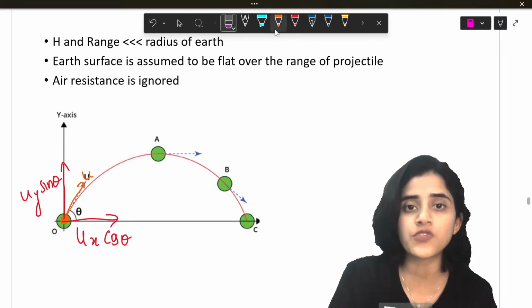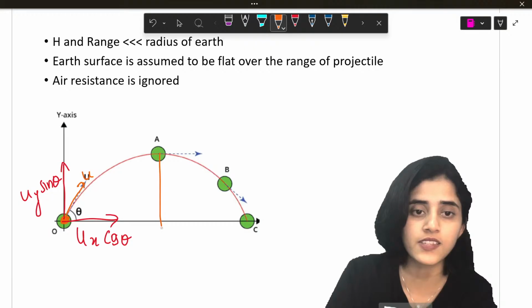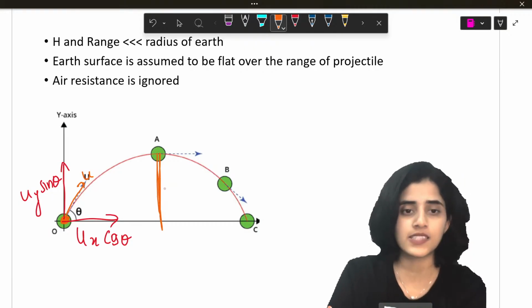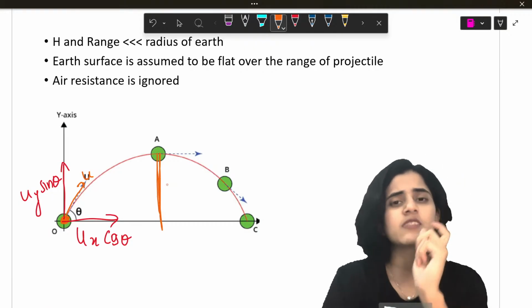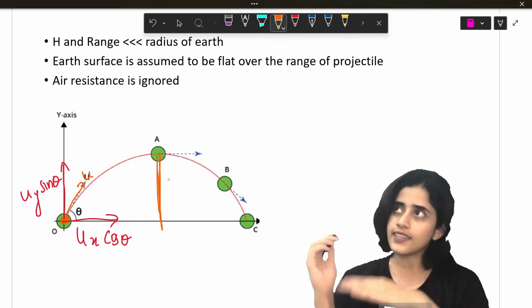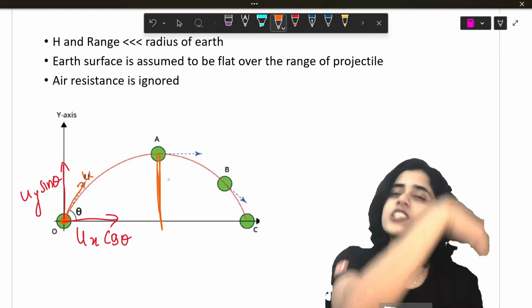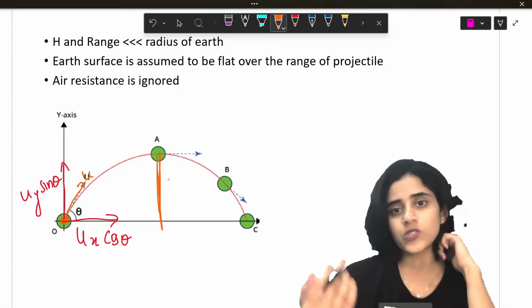Now, the height of the projectile. This is the maximum height, and it is very small compared to the radius of the earth. If I throw a javelin, it can go to a maximum height. It cannot go up to space.